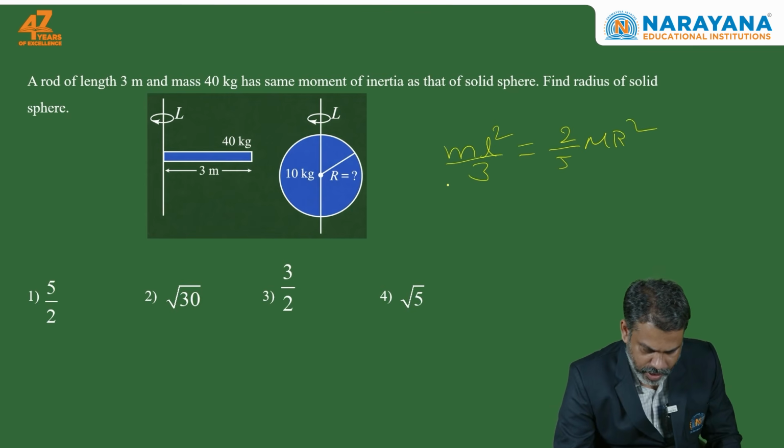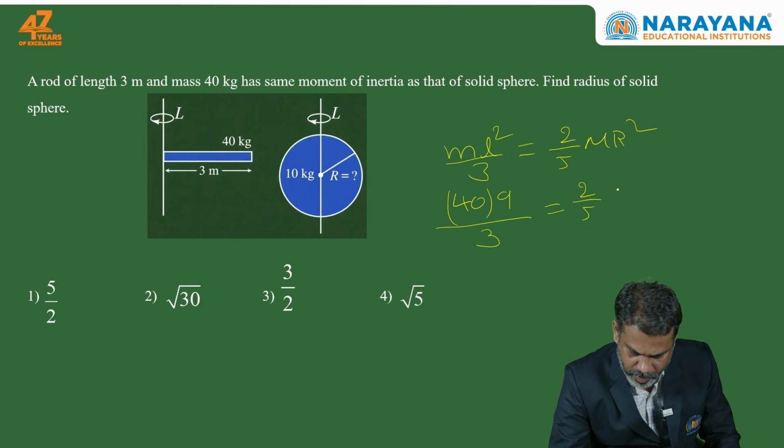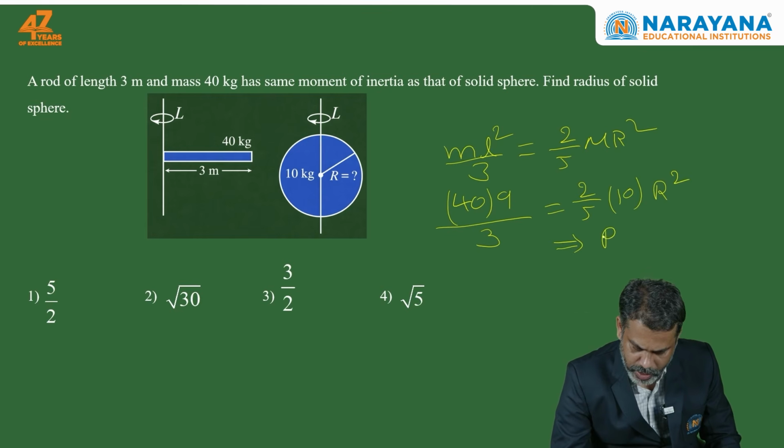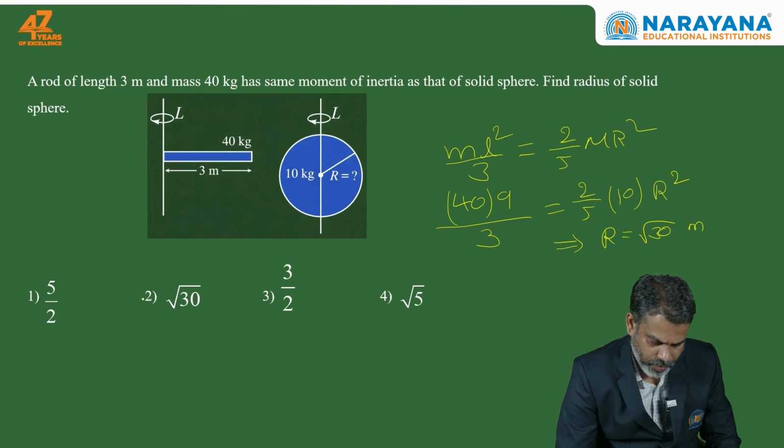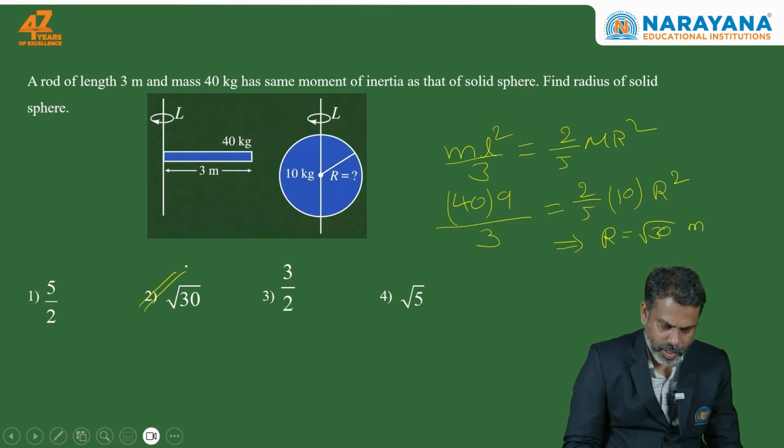From the data, mass of the rod is 40 kg, length is 3 meters, so it is 9 L square. L square is 9 by 3 is equal to 2 by 5. Mass of the sphere is 10, and they are asking r square. So if you just do the small simplification, you will get r is equal to root 30 meters. So option 2 is the correct one.